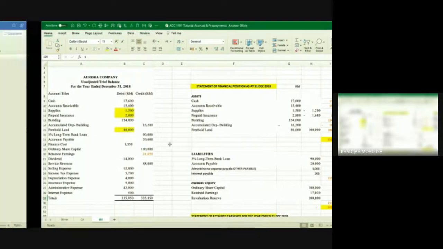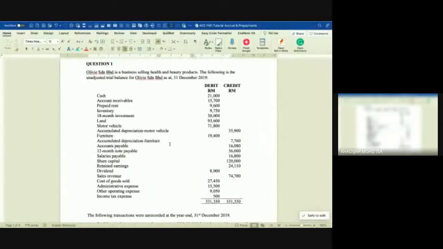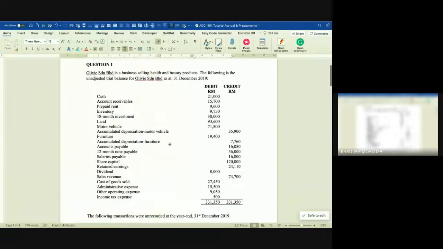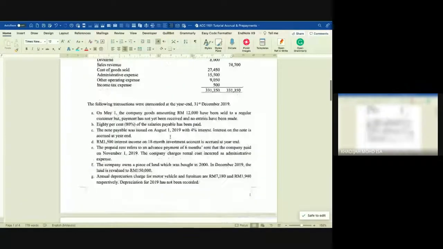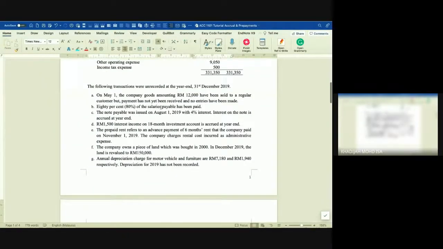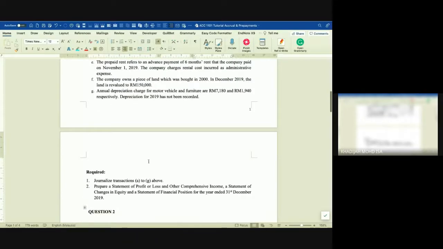So that's why I want you to do it in my method and see whether you can do it clearly. If you look at question number 1, it's always the same. They give you the unadjusted trial balance and then give you the adjustment. And if you don't understand the adjustment, at least you have answered part 2, the statements, you already have prepared that.